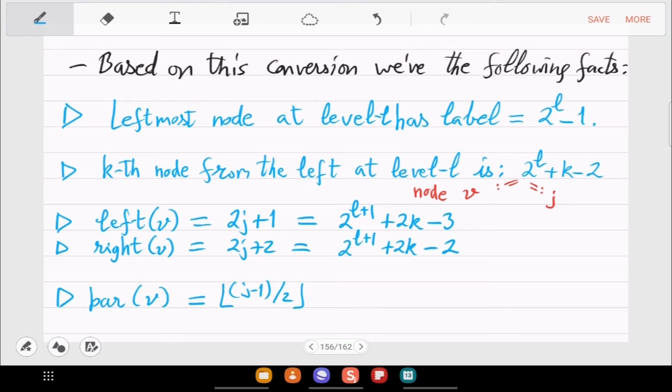When you write the pseudocode, you will have to exactly implement these formulas, to see array as a tree.